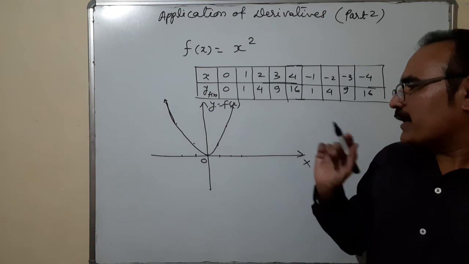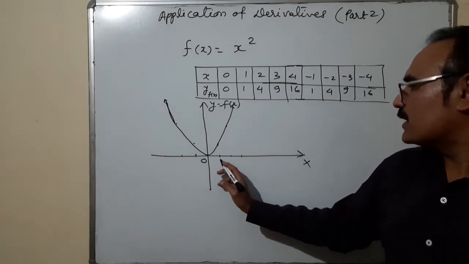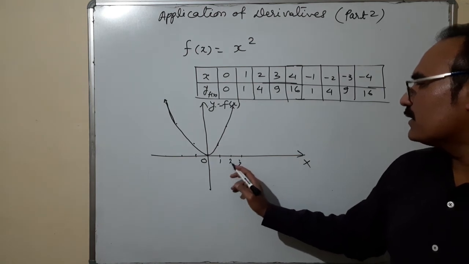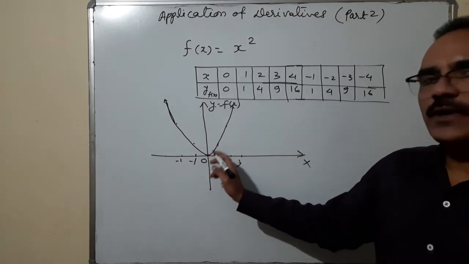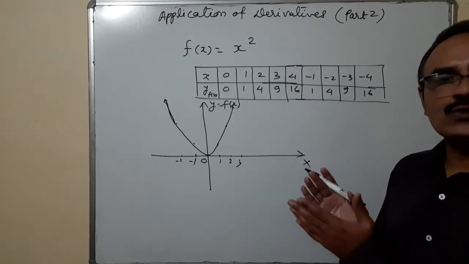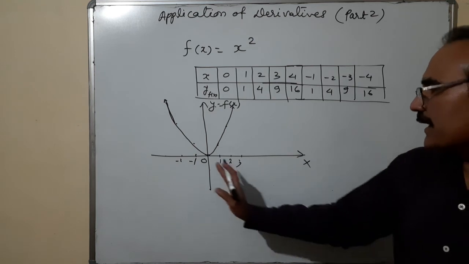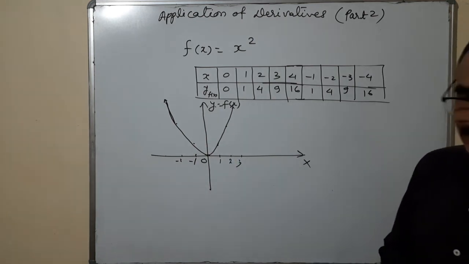But if we divide this real number line through the point 0 into two intervals, one greater than 0 and second less than 0, then what is the condition?